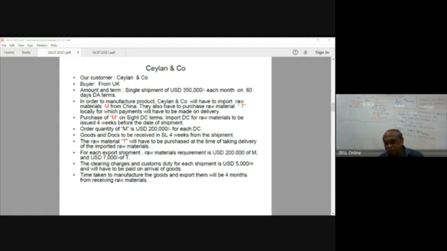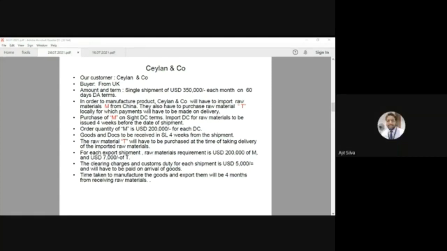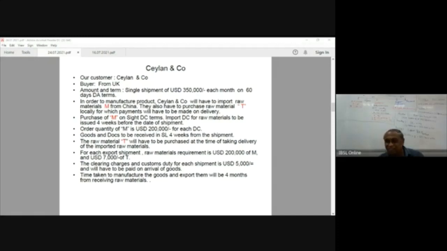The bank doesn't have dollars. Unfortunately, yes. That's the situation. The customer is very honest. He is paying. He said, I will pay in rupees, you tell me the rate.